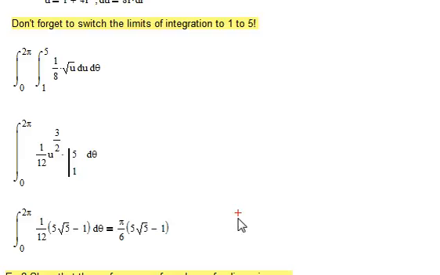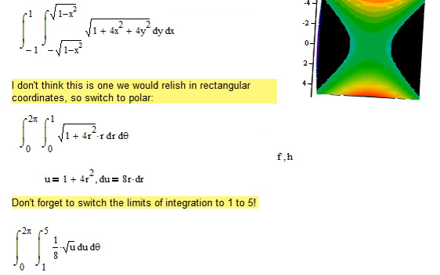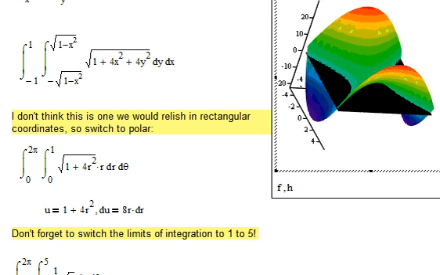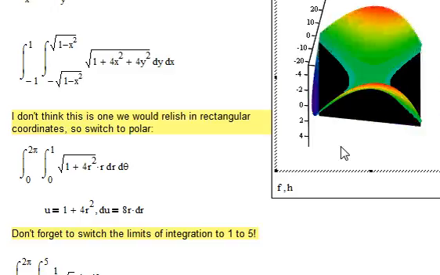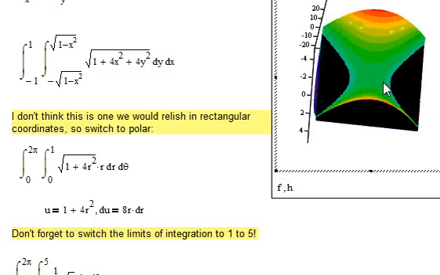This number, pi over 6 times 5 square roots of 5 minus 1, is the area over the circle, the unit circle, and on this surface.